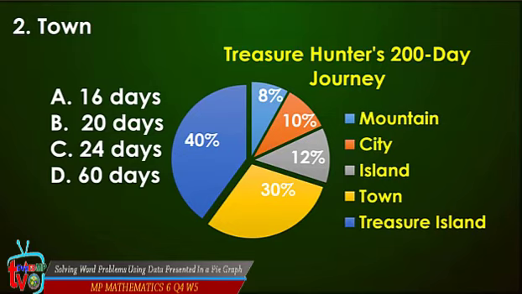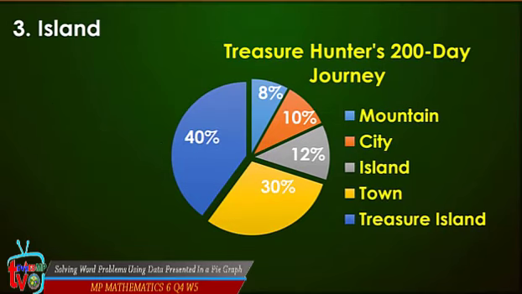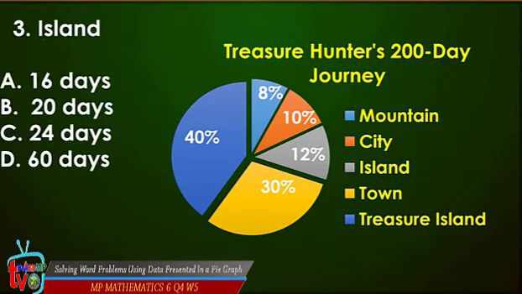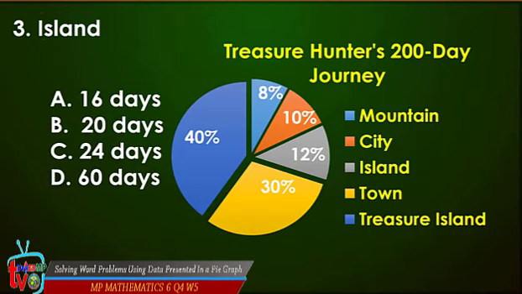B, 20 days. C, 24 days. D, 60 days. Number 3, island. A, 16 days. B, 20 days. C, 24 days. D, 60 days.